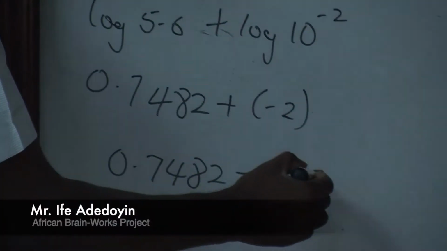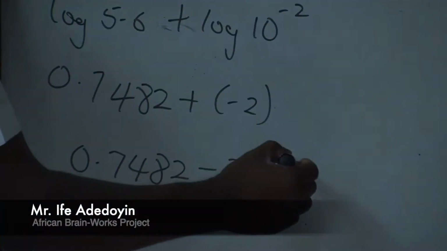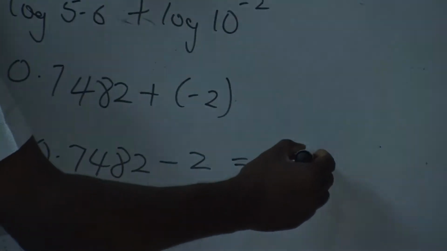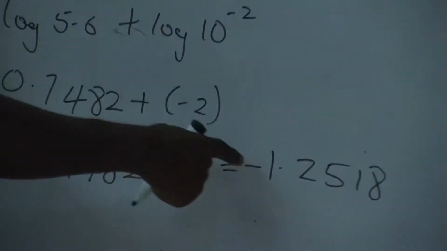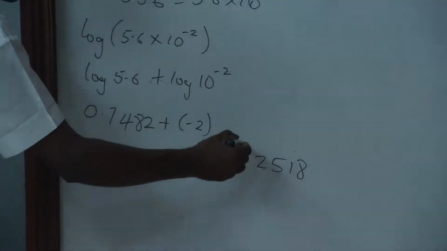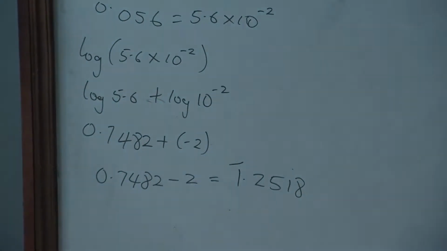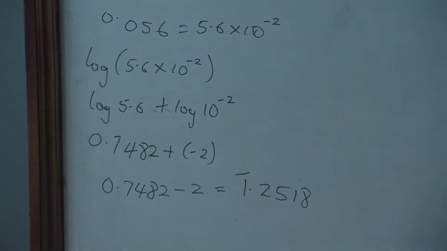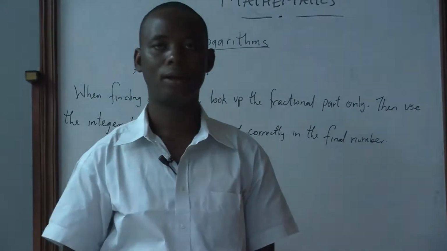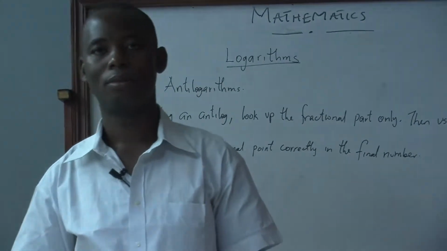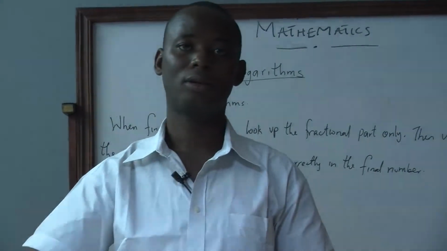If we add this up, this equals minus 1.2518. And like I said earlier, by convention, we write this as bar 2.2518.